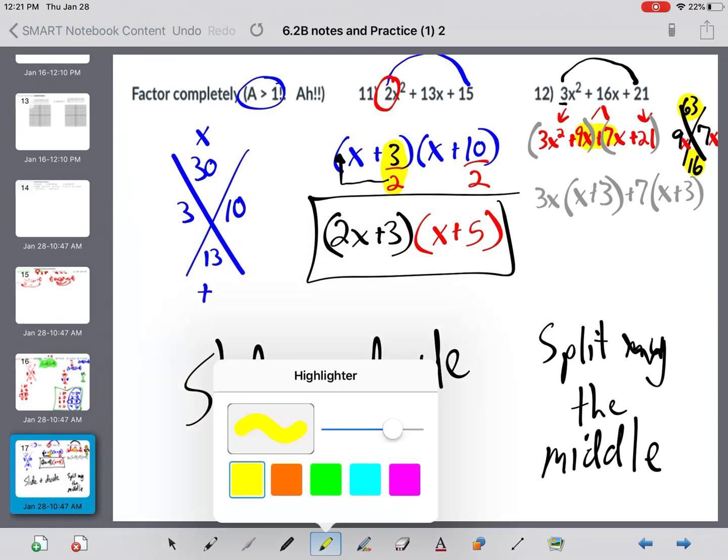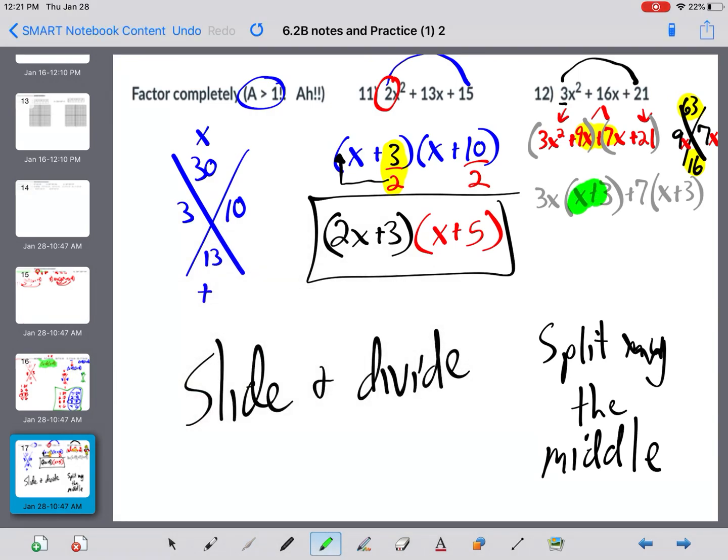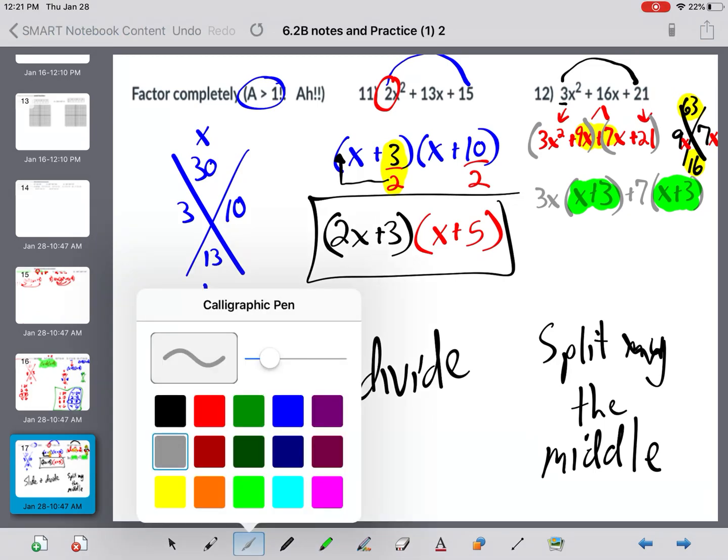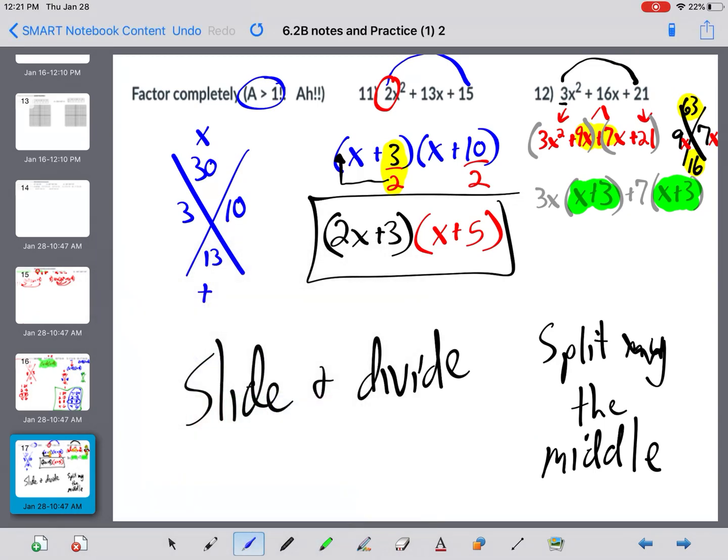Huh. My two parentheses match up exactly. They should. If they don't, make sure you're doing the process correctly. Either your diamond wasn't right or you didn't take out the greatest common factor. Then you take your mini GCFs, the things I just underlined in blue, and you put them together and you multiply them by the x plus 3.